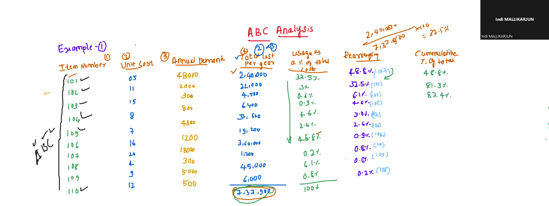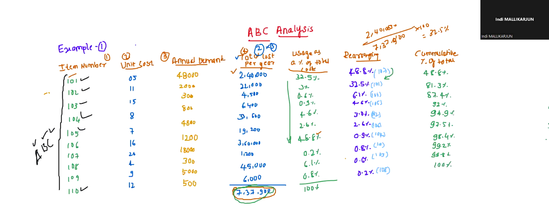Next, 92%. Next, adding 3%, we will get 94.9%. Next, 97.5%. Adding cumulatively, 98.4%. 99.2%. 99.8%. At last, you will get 100%.